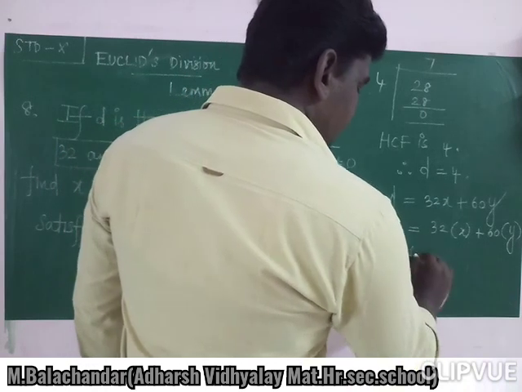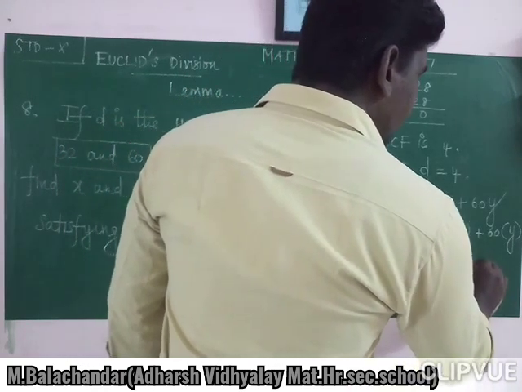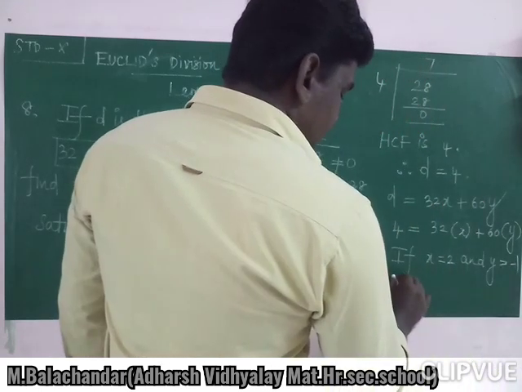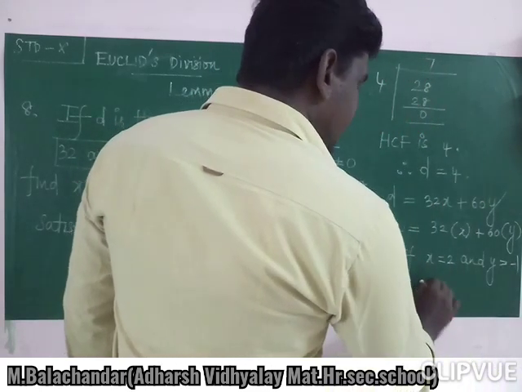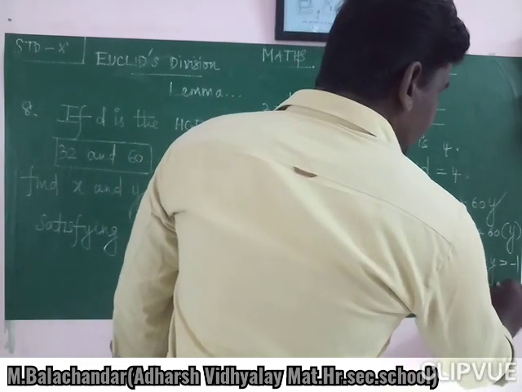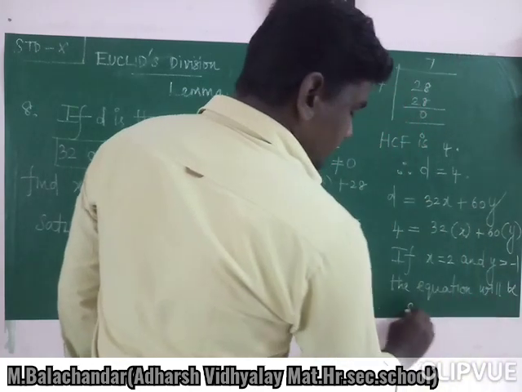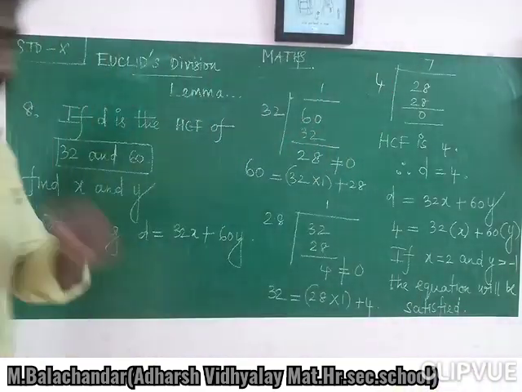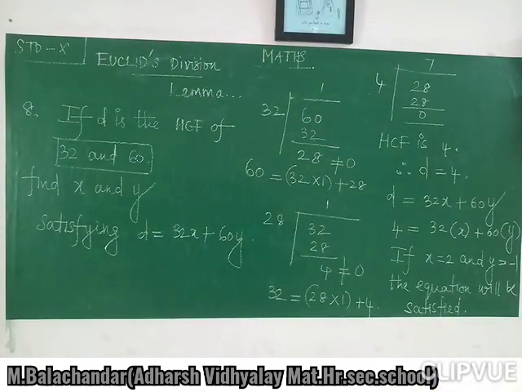If x is equal to 2 and y is equal to minus 1, the equation will be satisfied. Okay, so value of x is equal to 2 and value of y is equal to minus 1.